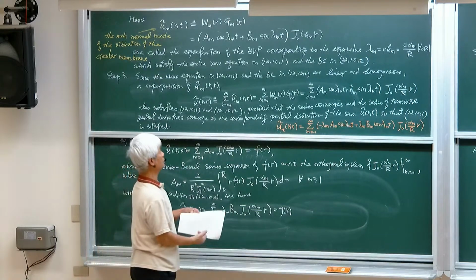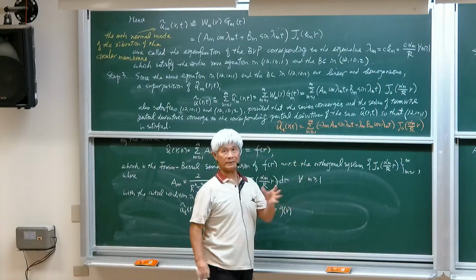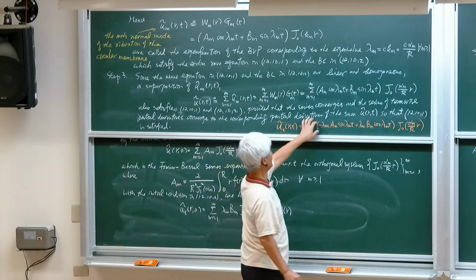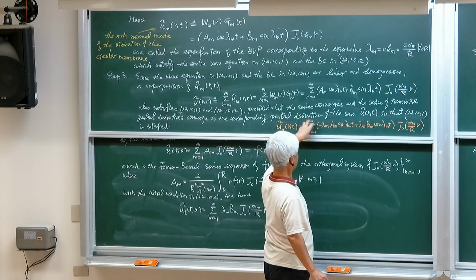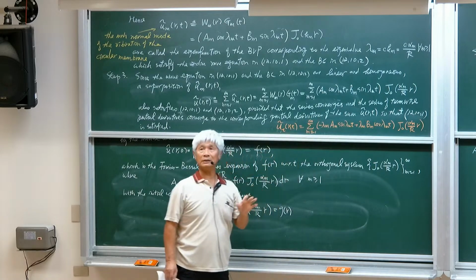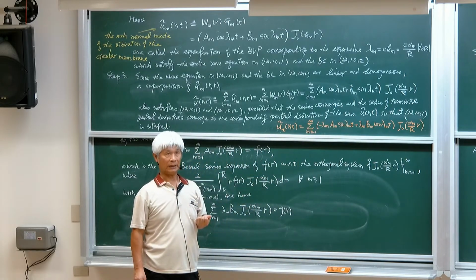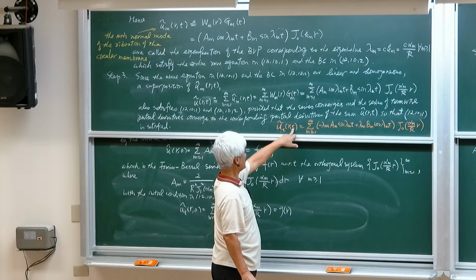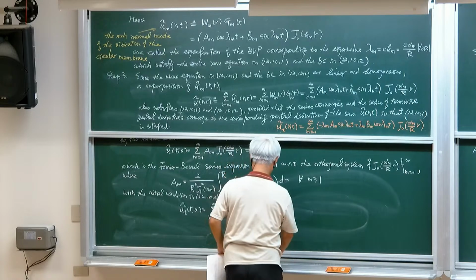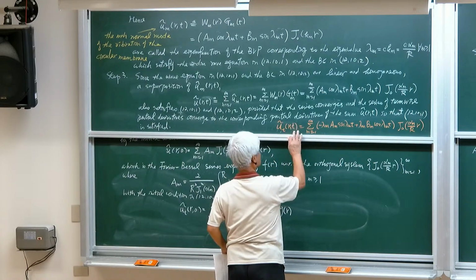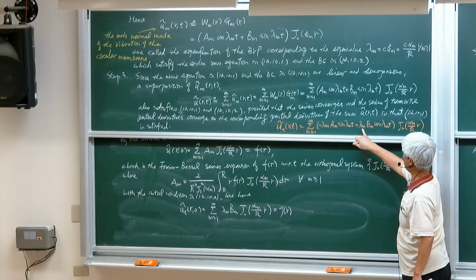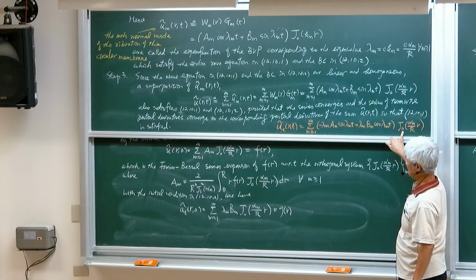Because we assume that the series of termwise partial derivatives converges to the corresponding partial derivative of the sum. So when we let t equal 0, sine is 0 and cosine 0 is 1, so we have lambda m B m times J0.